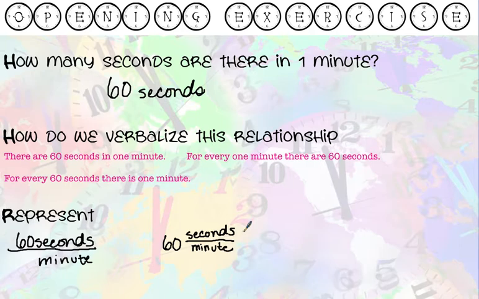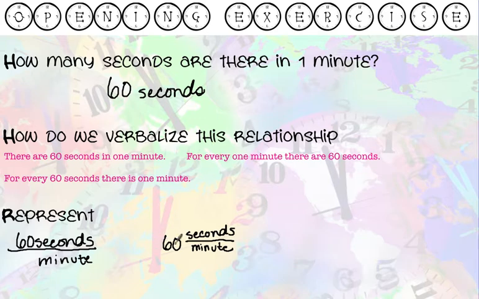Right, so if you look at this, and we want to know if they're the same, you have to think about this line here and how we know that it's per. And we know that this 60, if we read it as a sentence, would go 60 seconds per minute. Well, we talked about per and for every being words that we use to represent ratios and being kind of the same words.